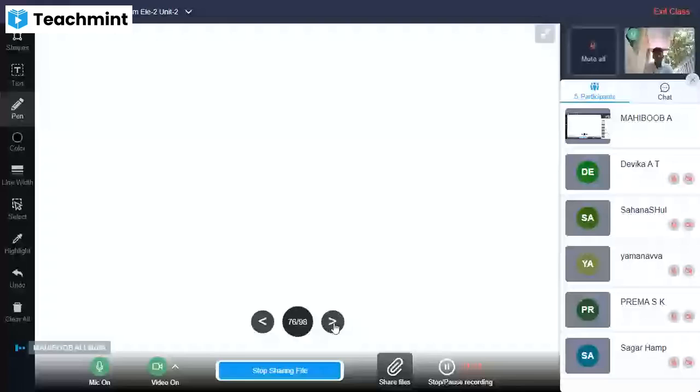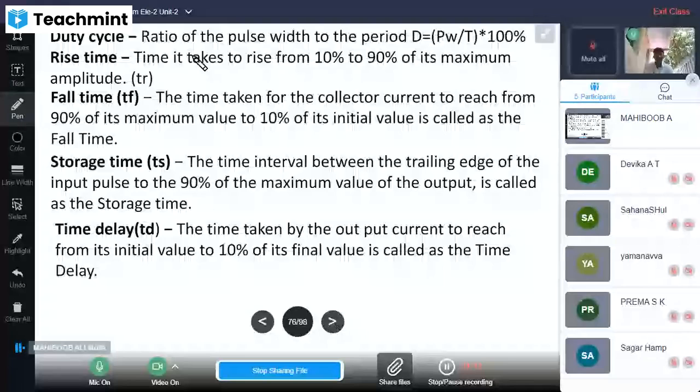Now duty cycle is the ratio of pulse width to the pulse period. Pulse width is simply one pulse. So this is a complete waveform. This is called on period, this is called off period, from here to here.